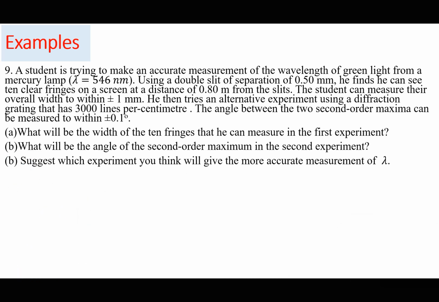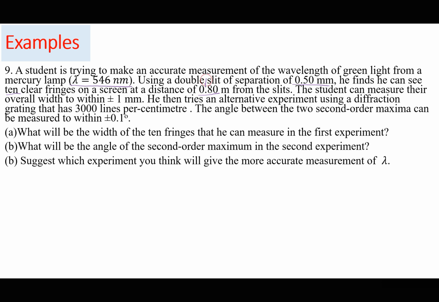A student is trying to make an accurate measurement of the wavelength of green light from a mercury lamp, wavelength 546 nanometers. Using a double slit of separation 0.50 millimeters, he finds he can see 10 clear fringes on a screen at a distance of 0.8 meters.